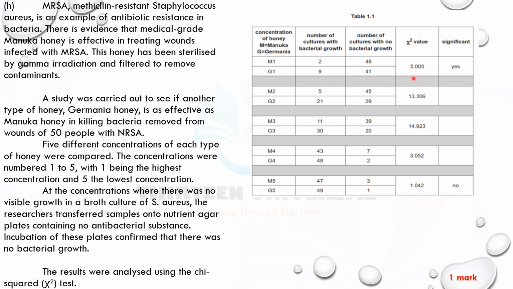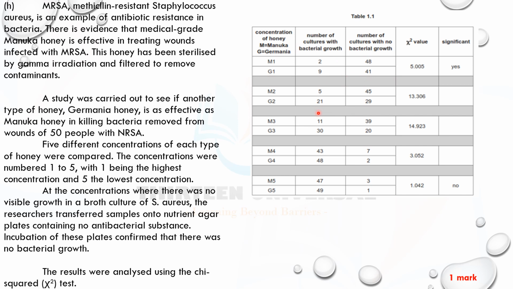But if you are asked to evaluate this, for example, whether there's actually a difference between the activity of Manuka and Germania, what are you going to say?